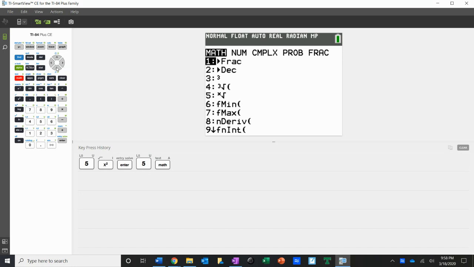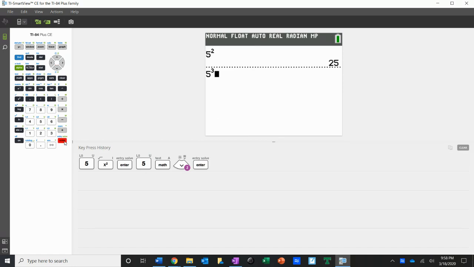Do you see when you can arrow down to the 3? See where that gives you that superscript of 3? Go ahead and press enter there. It's going to put it right beside the base, creating a power, and press enter one more time to simplify that.